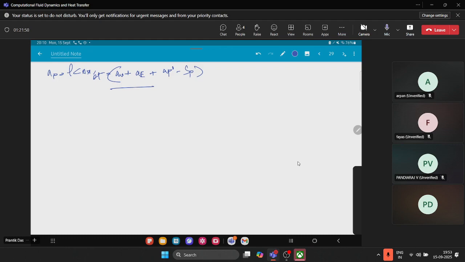Then going to the equation itself, AW plus AE plus AP naught, this AW plus AE plus rho C delta x by delta t minus (AE plus AW minus SP) times (1 minus theta).